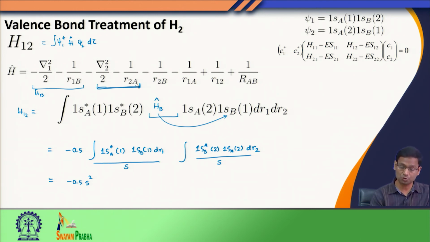I can also show the same value when I consider Hamiltonian A, which also gives me minus 0.5 S square. So together I have a minus S square term, and I still have not evaluated the remaining terms.